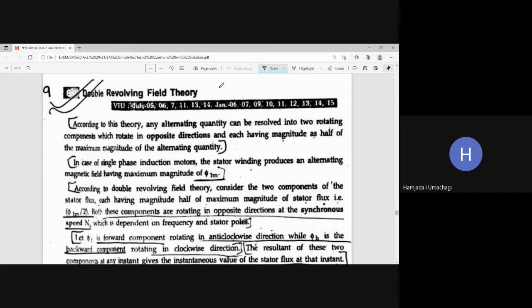Suppose this resultant is phi 1m, the stator flux.